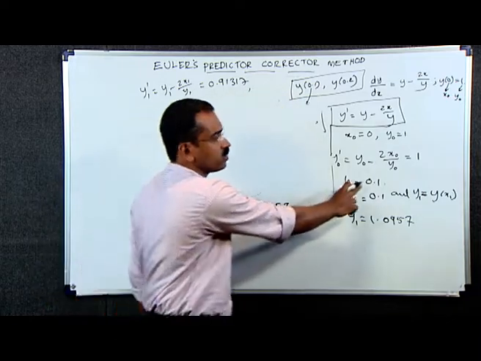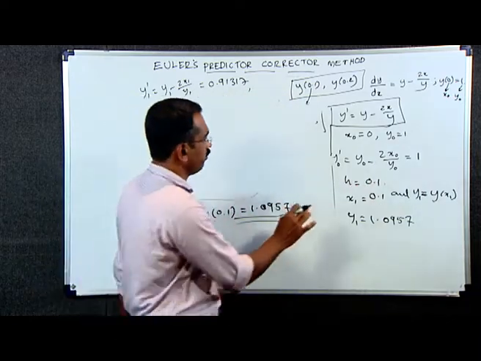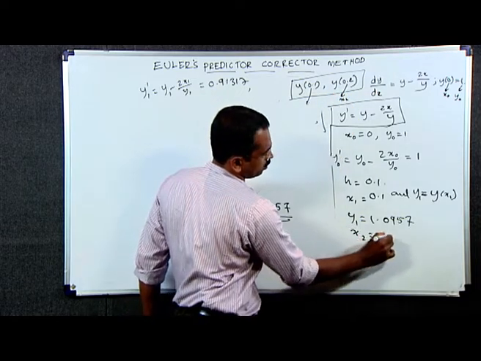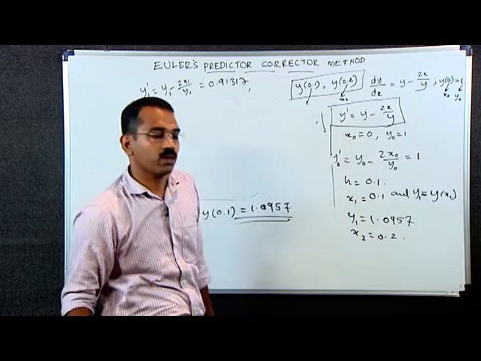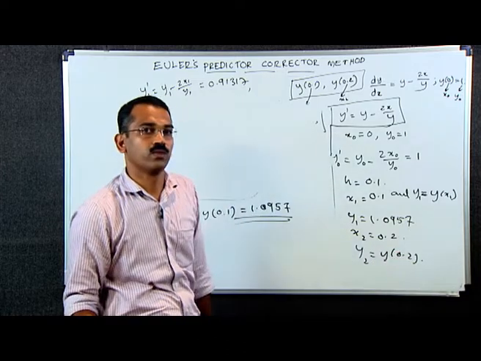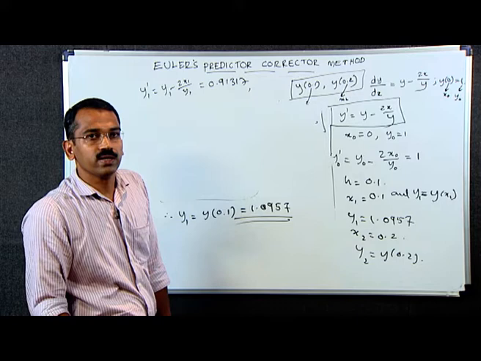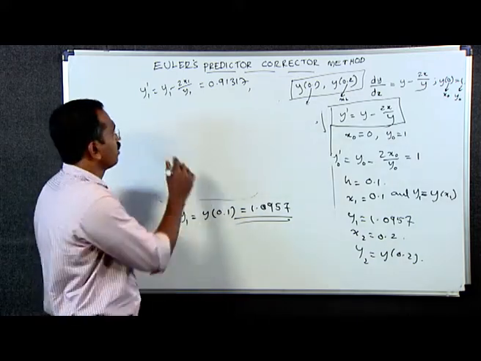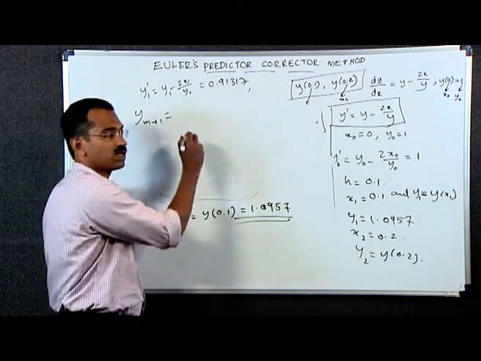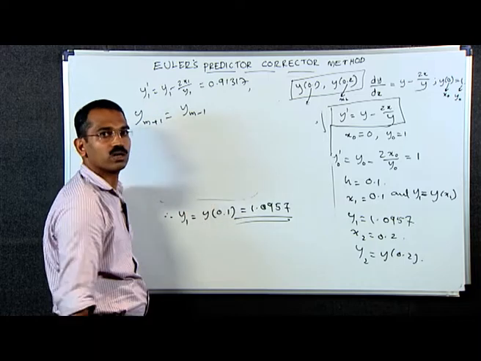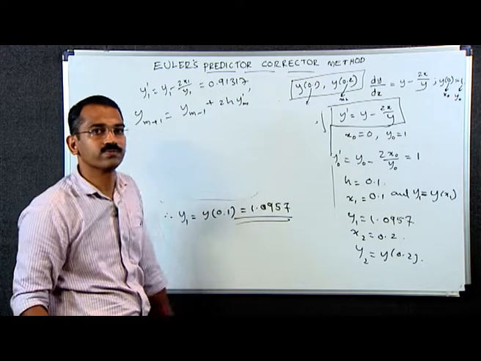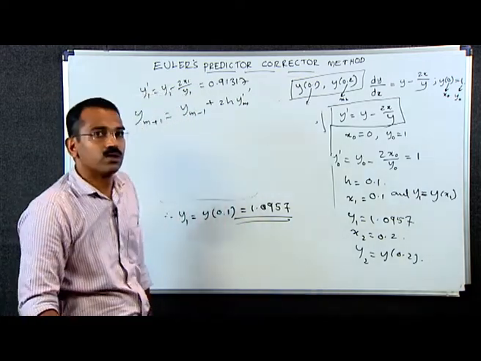Here h is equal to 0.1 and we take x2 as 0.2. This is x2, x2 equal to 0.2 and y2 is equal to y of 0.2. Using Euler's predictor formula, we can write y(m+1) as y(m+1) equal to y(m-1) plus 2h into y'm.